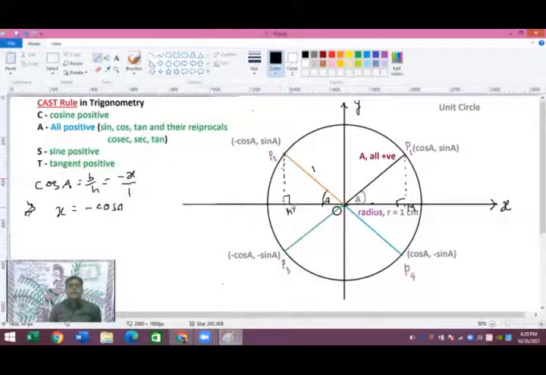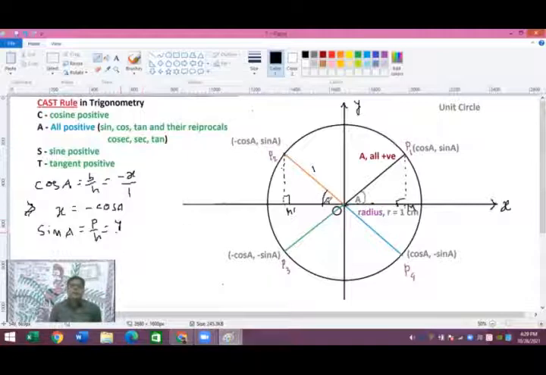That means P2M dashed. Here we use sine A. Sine A means at this time we are using the angle A in the second quadrant. So sine A equals P by H, and P is along the y-axis, that is M dashed P2, and this is the y coordinate of this point P2. So P means y here, or you may also write M dash P2 or P2 M dash, no problem.